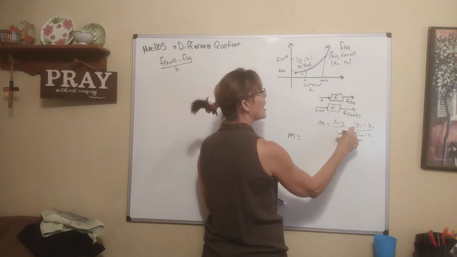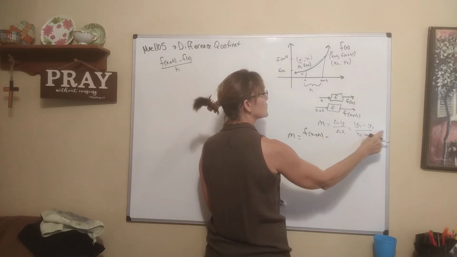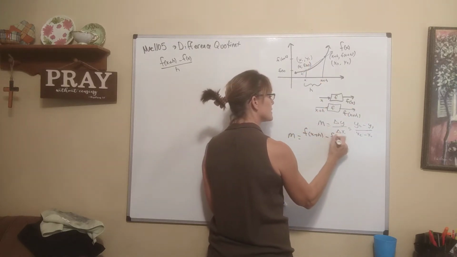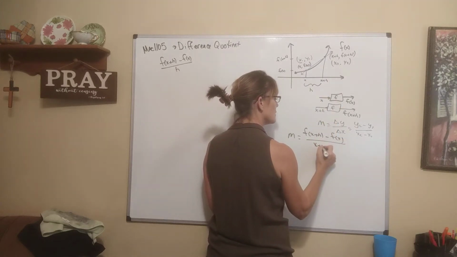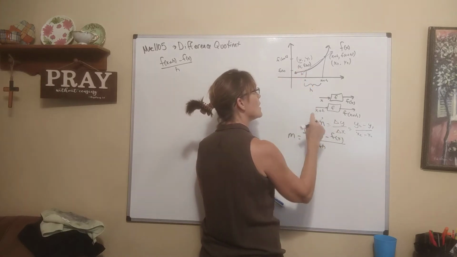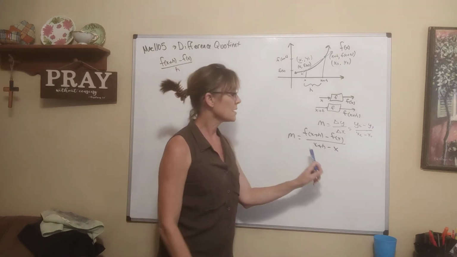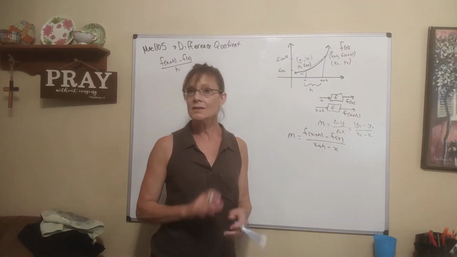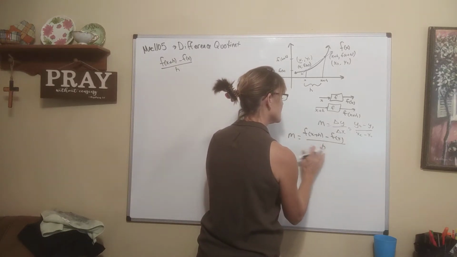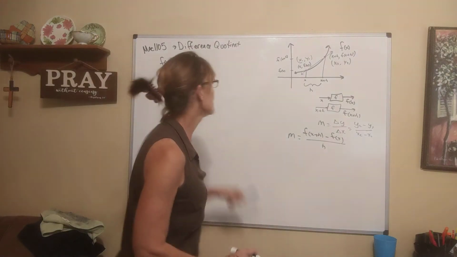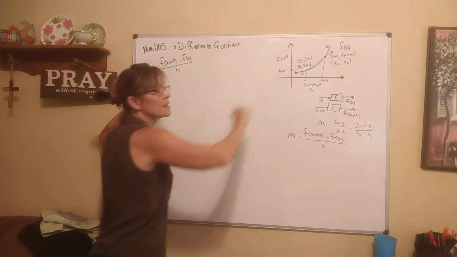Then what do we get? y2, f of x plus h, minus y1, f of x, over x2, x plus h, minus x1, which is just x. And look at the denominator here. An x minus an x is just plain old 0. And if we make that simplification, what we're staring at is what is known as the difference quotient. And it is the slope of a secant line.